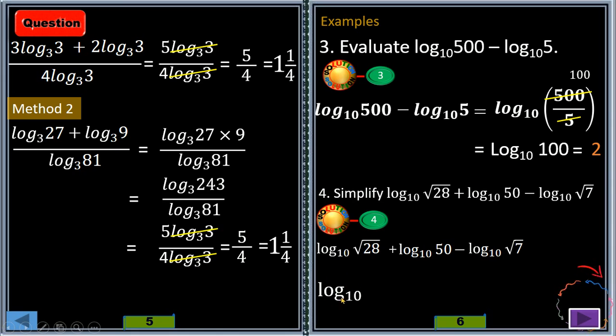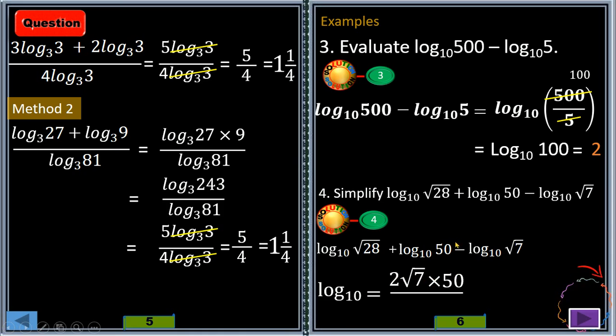Now we write a common log for the 3. Then applying the law of multiplication here, addition becomes multiplication, we're going to have root 28, which is 2 root 7, times 50.